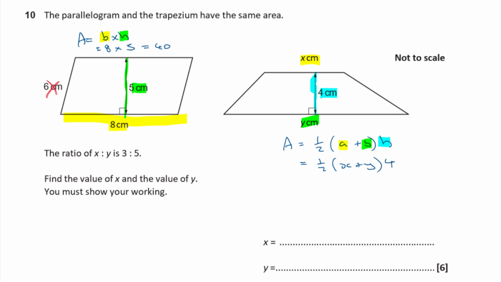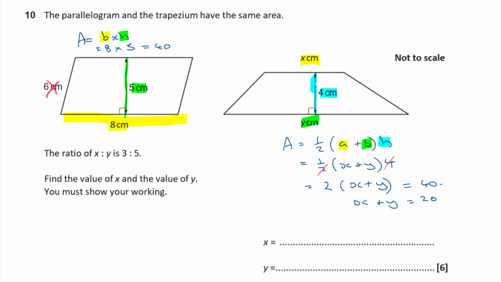So what does that tell me? Well, I can cancel that half into the 4, giving me 2. So that's going to be 2 lots of x plus y. Now, I already worked out the area, it's equal to 40 because these two things have the same area. So if 2 lots of x plus y is 40, then x plus y must be 20, just dividing both sides by 2.